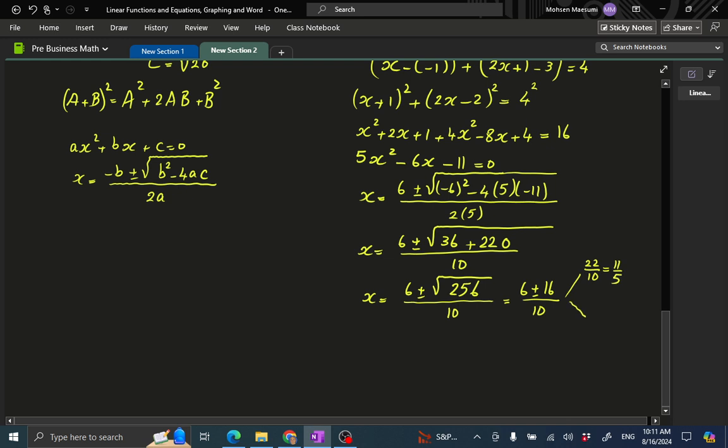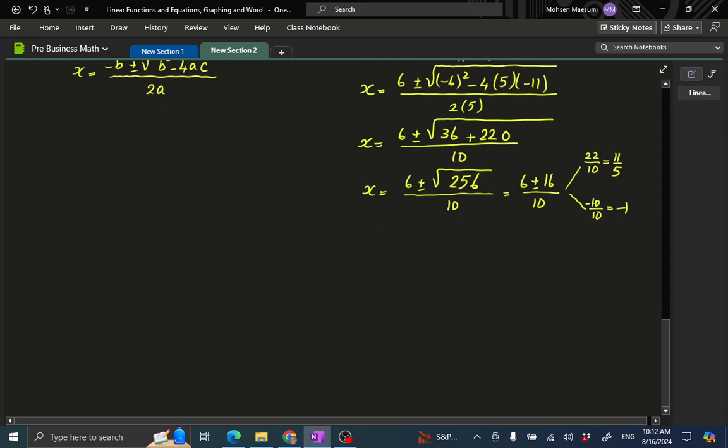If you subtract them, 6 minus 16 becomes minus 10 over 10, which is, well, just minus 1. So what I got here is that x is either minus 1 or x is 11 fifths.